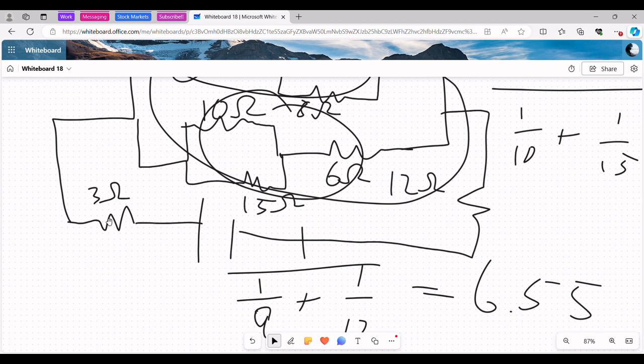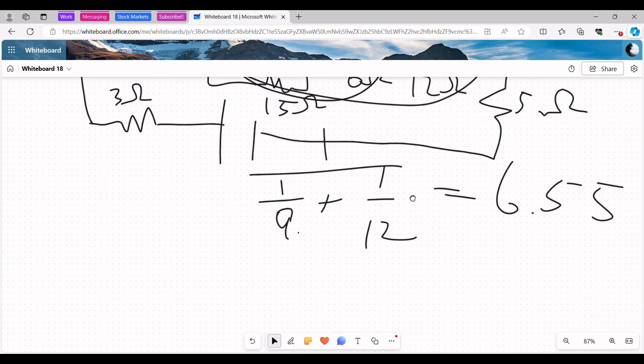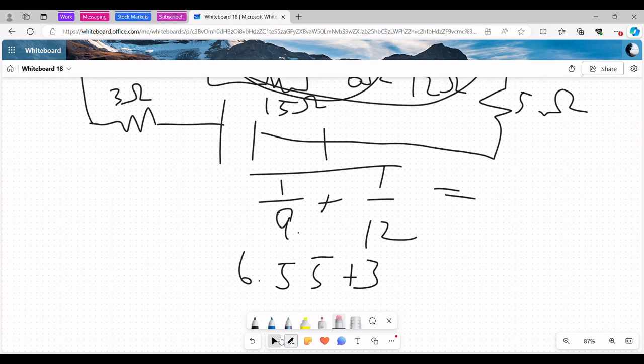Now, I forgot to mention we have 5 ohms through this one. So now we have the total resistance here, the resistance here, and the resistance here, and all three of these are in series. So now we just add them all up. Oh no! Sorry, I messed up. This is not 6.55.